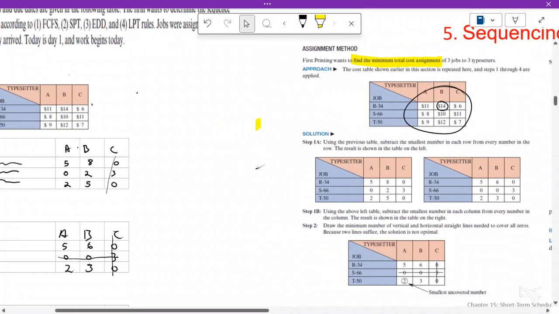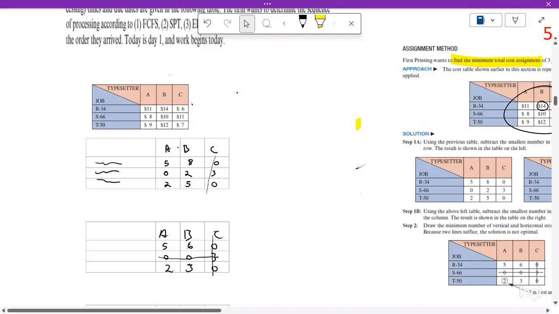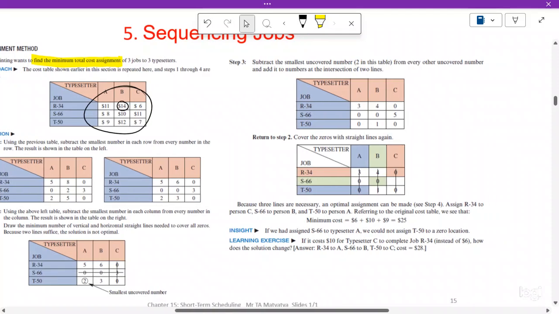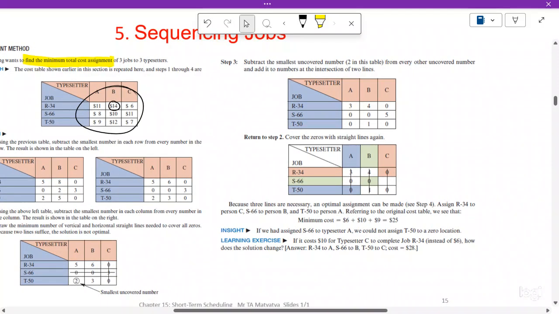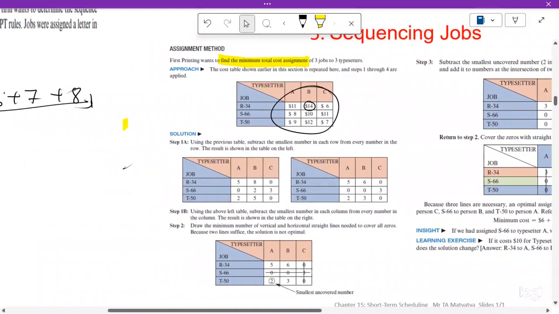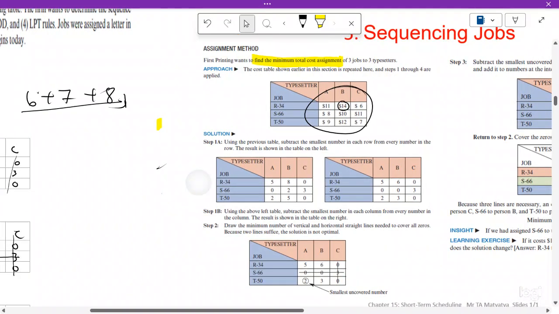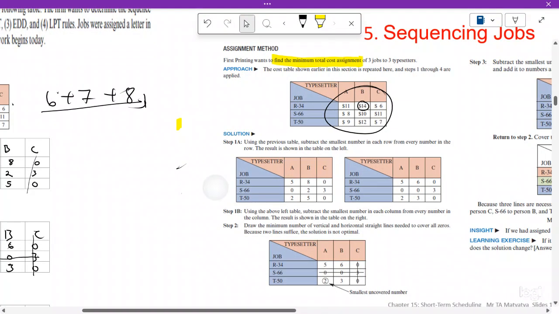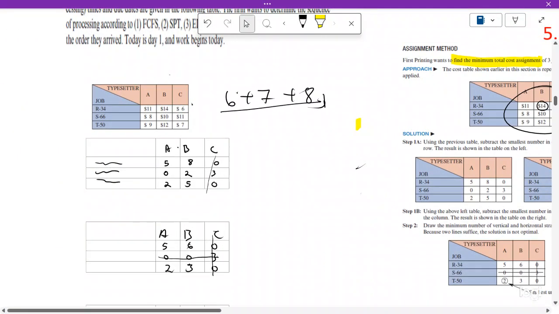So the first values that you took, which was 6 plus 7 plus 8, that's your optimum solution, optimum assignment, something like that. So this is 6, 10, 9.